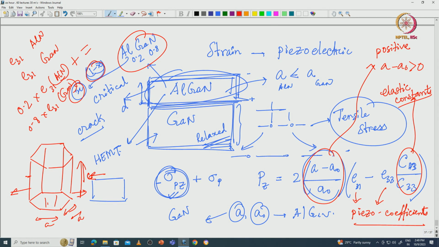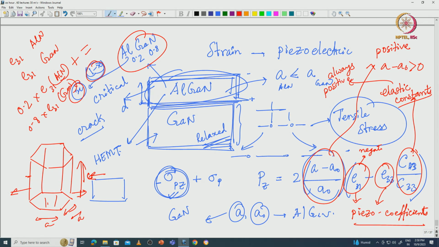Now, E31 is always negative, while E33 is always positive, and C13 and C33 are also always positive for wurtzite III-nitrides.